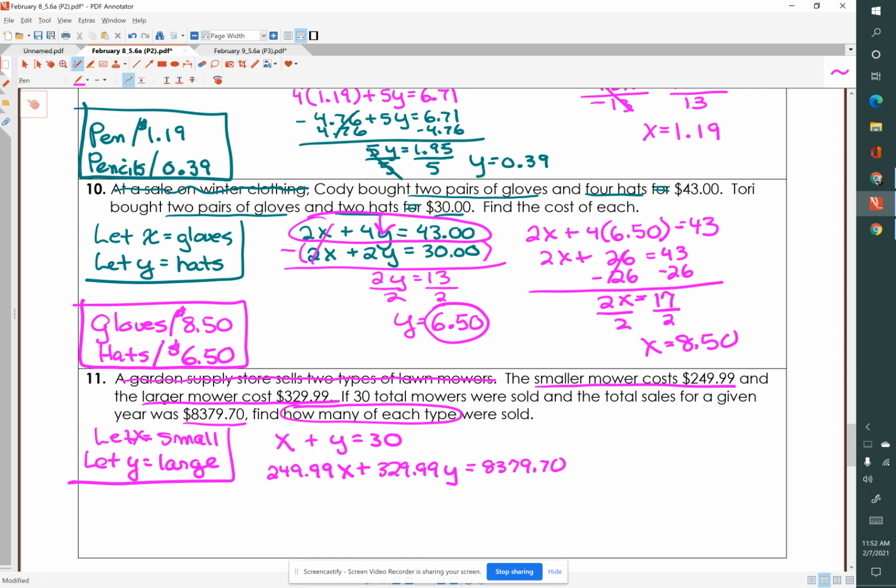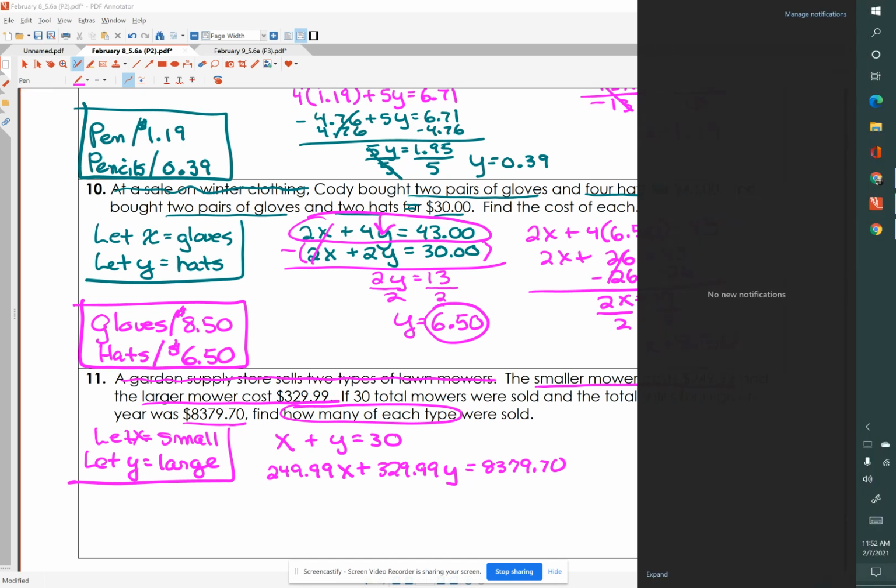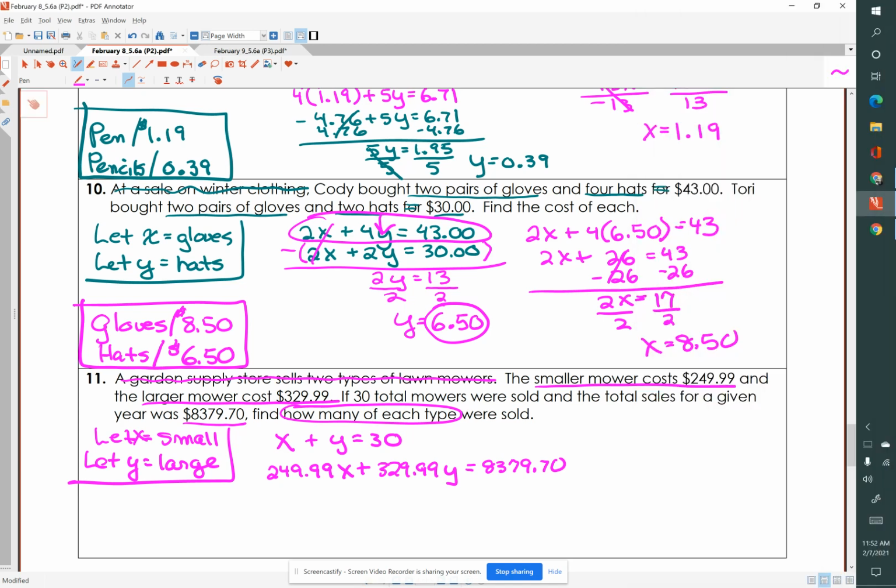So the first thing I would do is solve for x or y. And then use substitution. I'm going to move y to the other side by subtracting it from both sides. So we have x equals negative y plus 30.